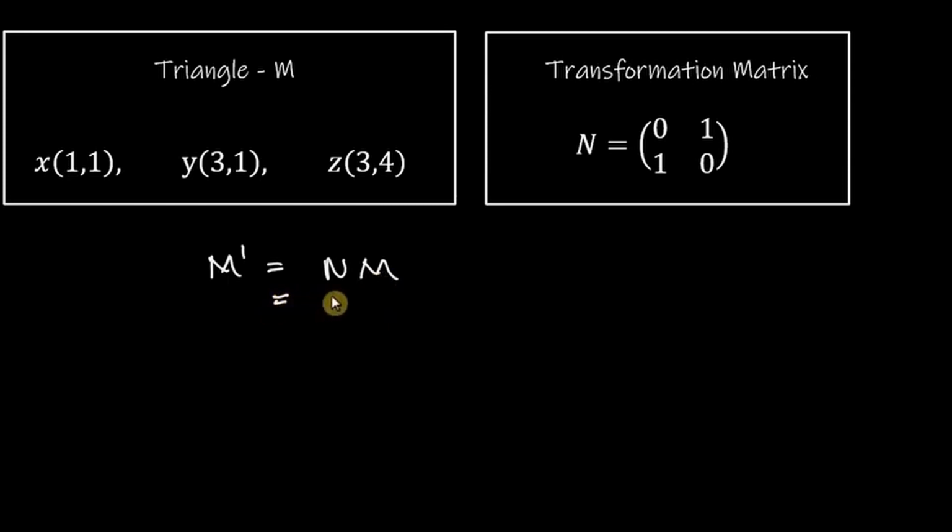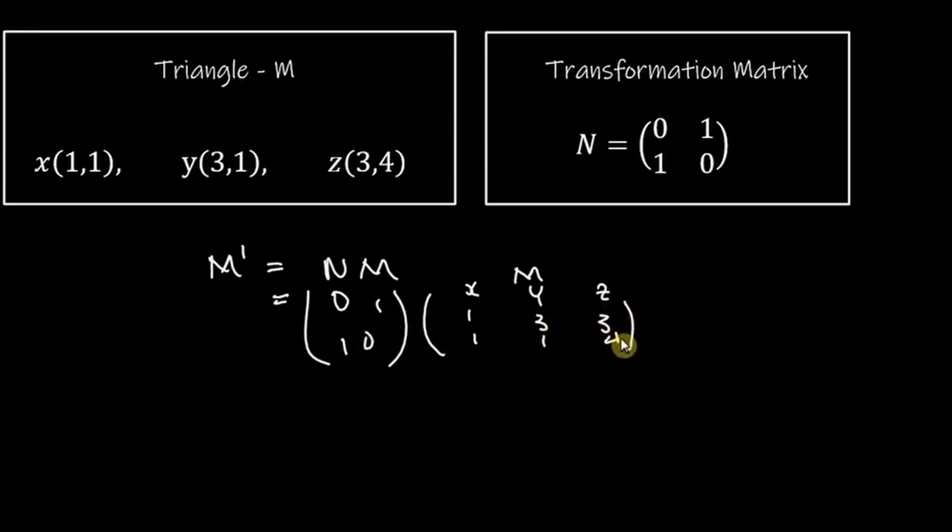So we'll have that is equal to N, which is 0, 1, 1, 0, and we'll multiply that by M, and we'll write this as a matrix. So that's M, and this is X, that's 1, 1, Y is 3, 1, Z is 3, 4.